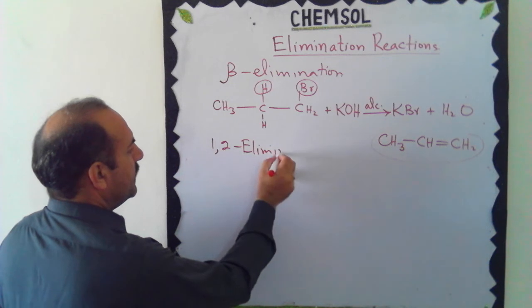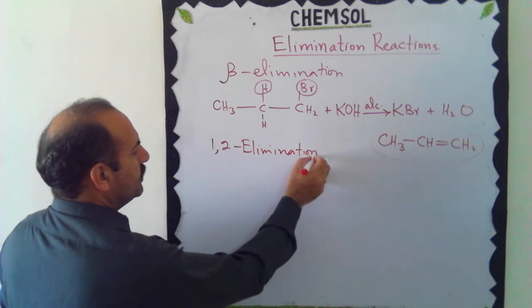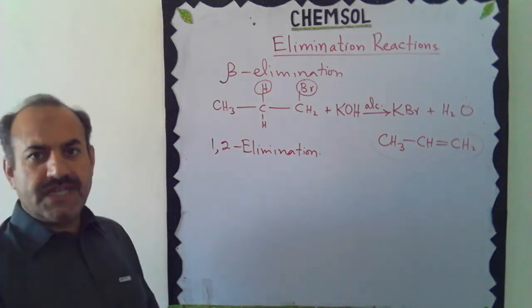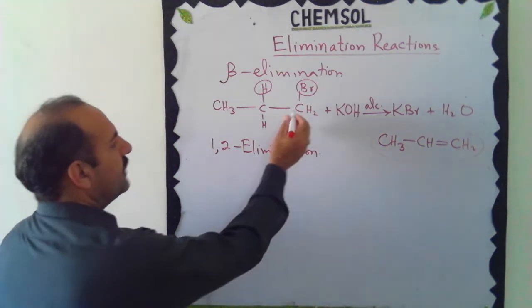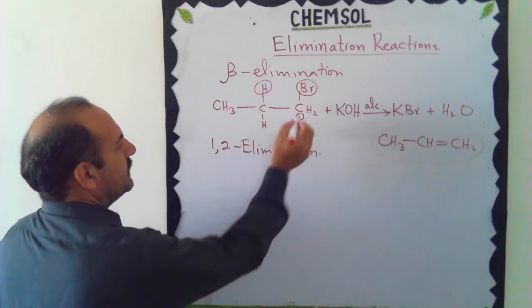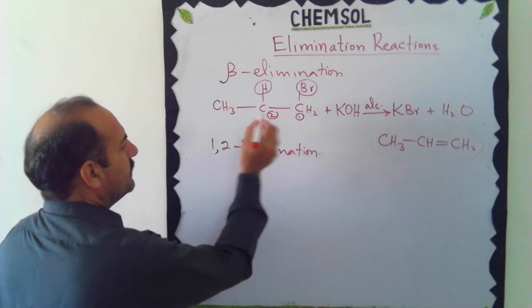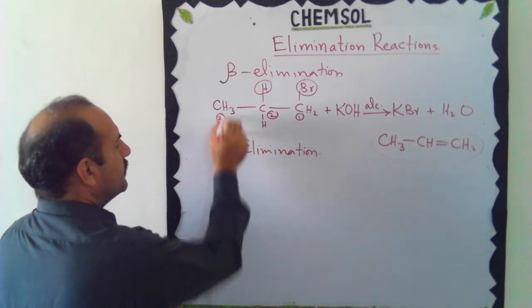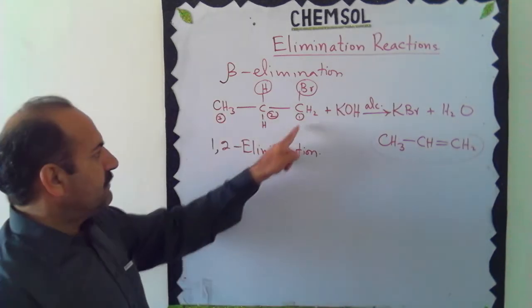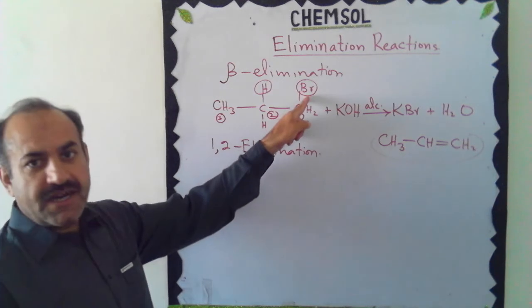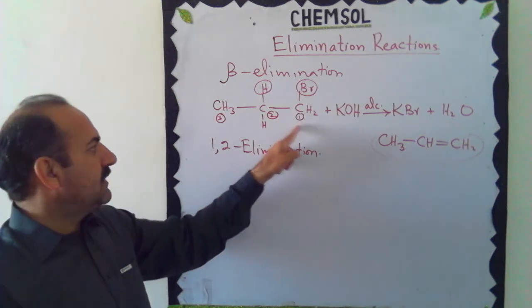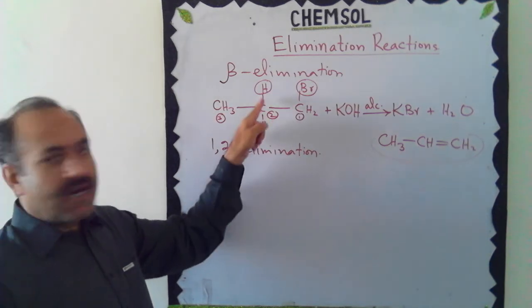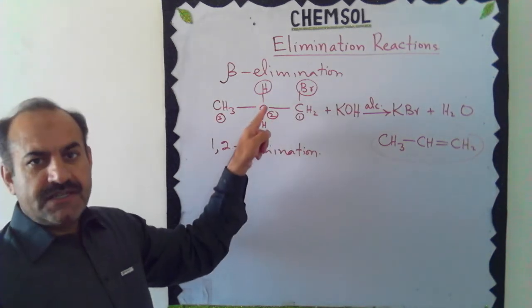The other name of this reaction is 1,2 elimination, because if we count, this is our carbon number 1, this is our carbon number 2, and this is our carbon number 3. The bromine is present on carbon number 1 while hydrogen is present on the second carbon.